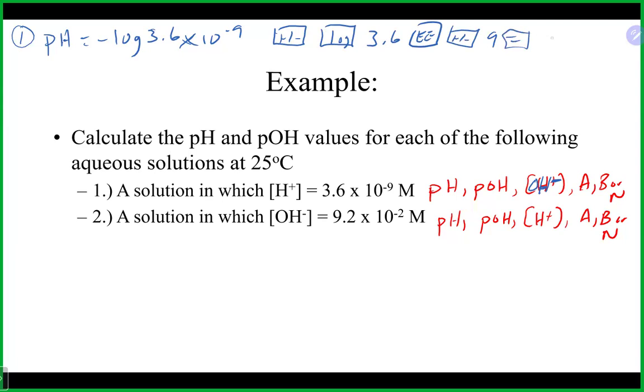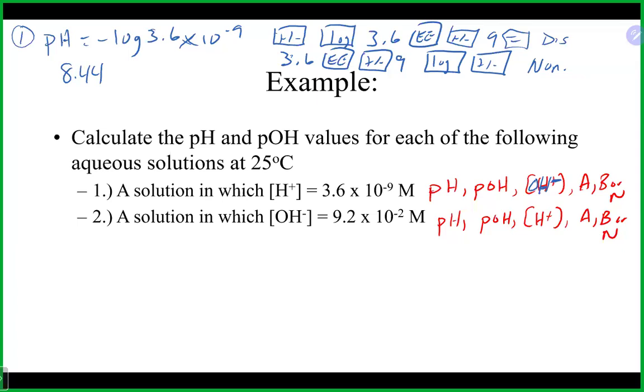If you have a non-display calculator, you start with the number: 3.6, exponent button, negative button, 9, then the log button and then the negative button. Either way should get you about 8.44 for our pH.